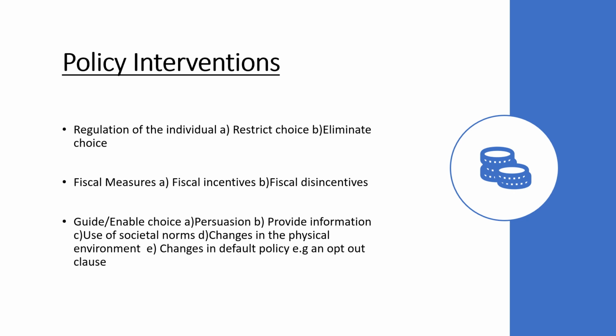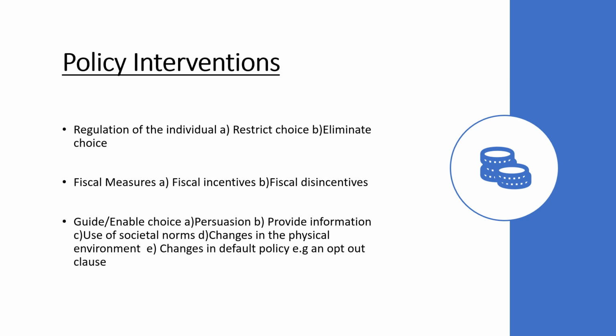The third way that governments can intervene is to guide and sort of enable our choices. So they can use persuasion. They can provide information, and I think doctors provide information about why people should stop smoking, for instance. We can use societal norms, changes in the physical environment.